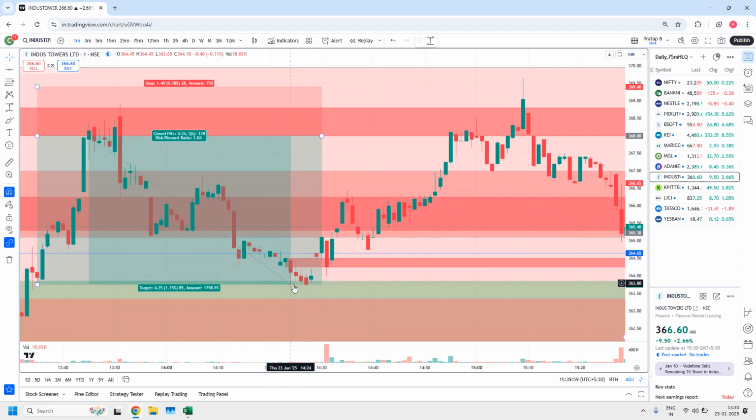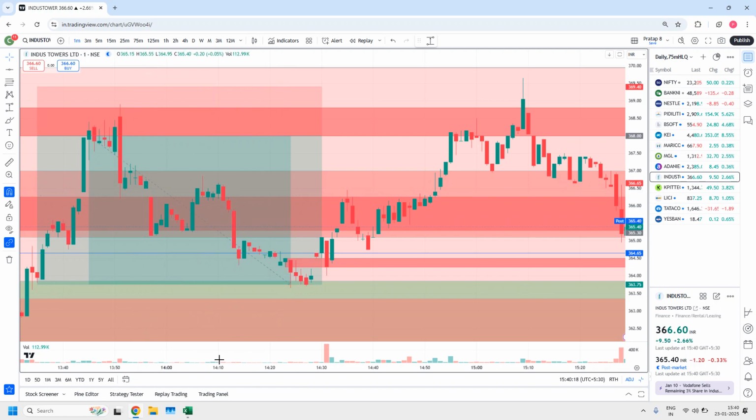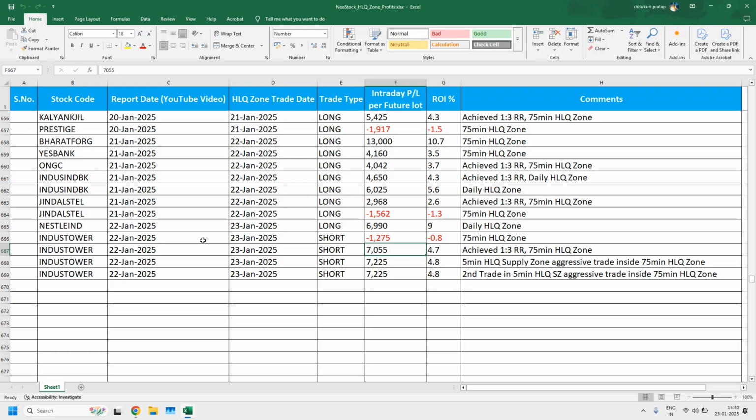Okay, 1:3 RR, how much profit I calculated, because I am calculating not from my trades or your trades point of view. I am calculating from the Excel sheet data, which is HLQ zone performance. They are not my trades. Please remember, several times I told, old people know, newly joined people who are listening recently, you may not be knowing. You might be thinking all these Excel sheet trades are my trades. No, they are not my trades.